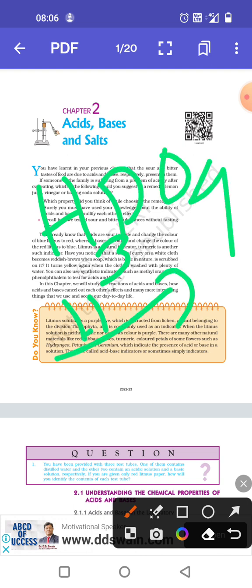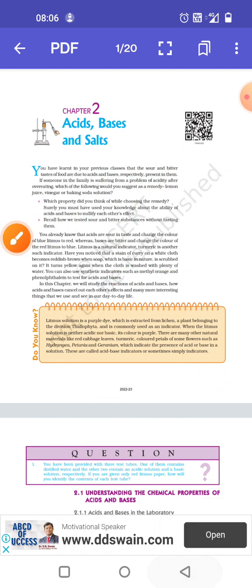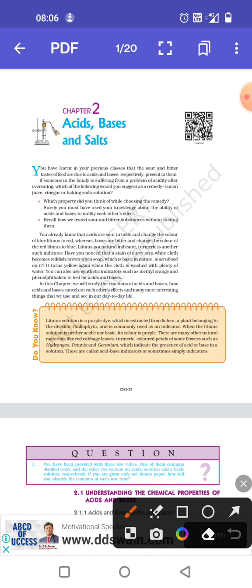In aqueous solution that gives rise to H plus ions plus phosphate ions. In these reactions you see that in aqueous solutions all the acids give H plus ions. So they are acids according to Arrhenius theory.